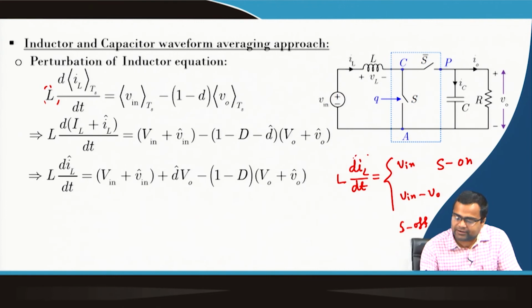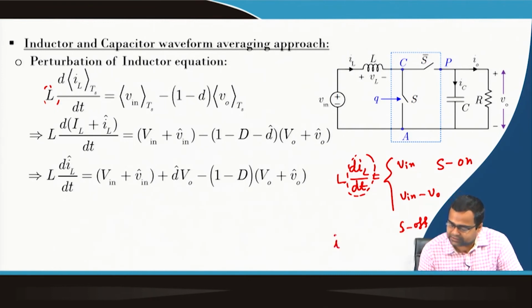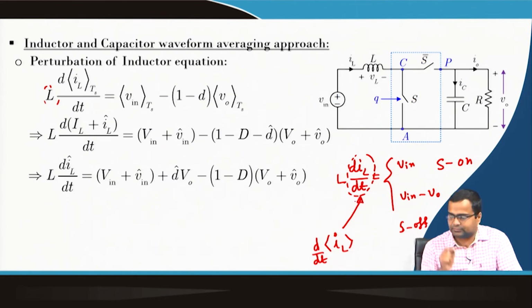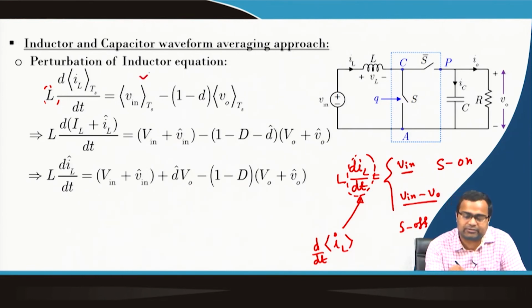If we take the average of this inductor current over a cycle T, that means I am talking about the average inductor current, then the derivative of this average inductor current is nothing but this term. This will be d times the average of this and 1 minus d times the average of this, and since the input is common, it is simply the average inductor current: input voltage minus 1 minus d into the average output voltage.